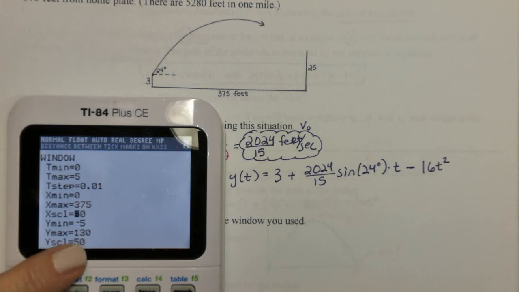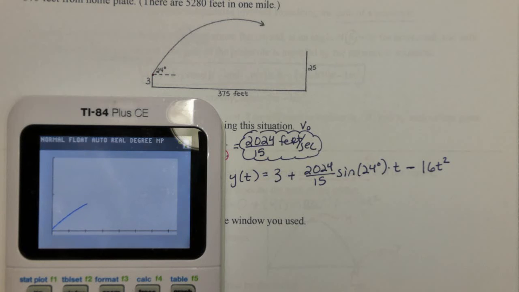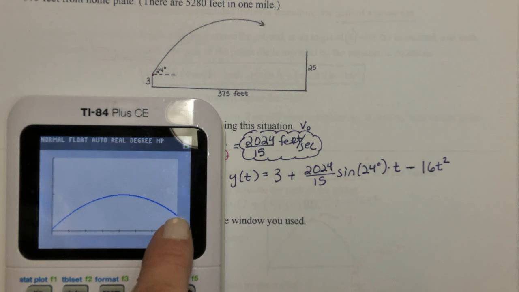I'm going out to center field or left center field, whatever. How high do we think the ball's going to go? How many feet high? I'm really not sure. I don't think it'll be very far. I might try 100 and then play with it if I need to. So let's see what we get from this. So there's the ball. And the question is, did it go over the wall?